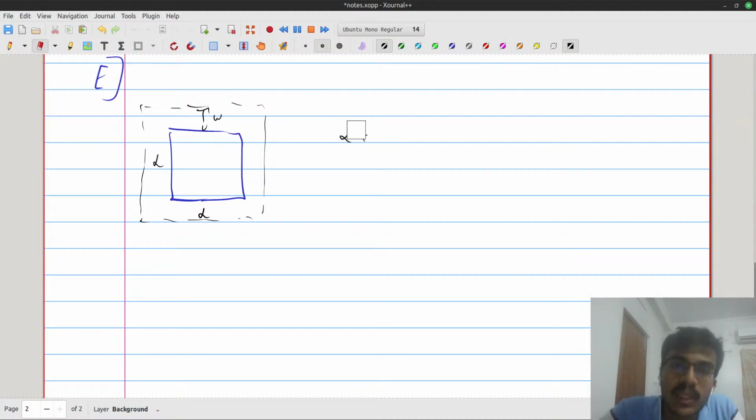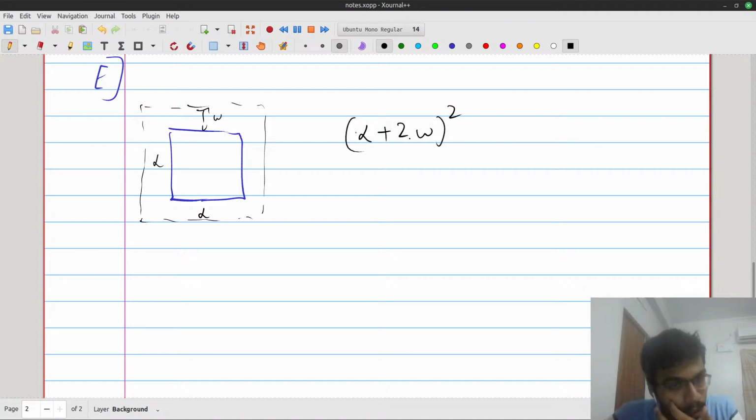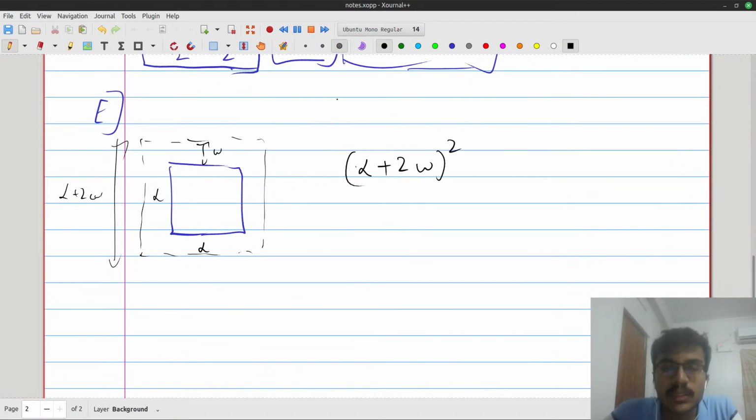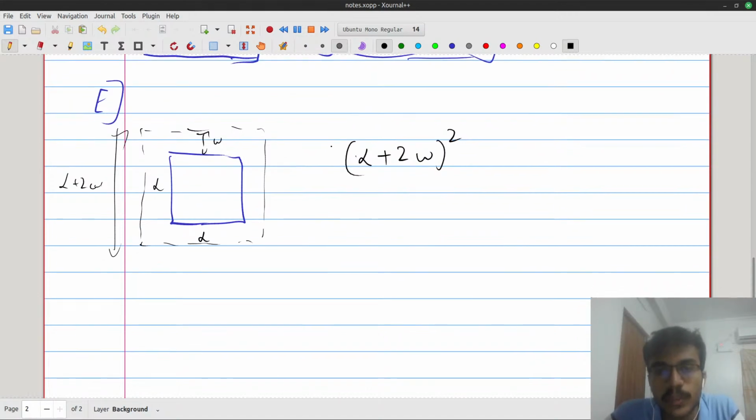Is actually alpha plus 2W squared, right? So the total area of this particular piece is alpha plus 2W squared. Alpha plus 2W the whole squared, right? Because like essentially this is alpha plus 2W. So hopefully that makes sense. That the area of one square with its borders is alpha plus 2W the whole squared.